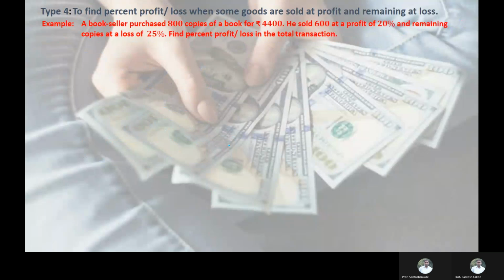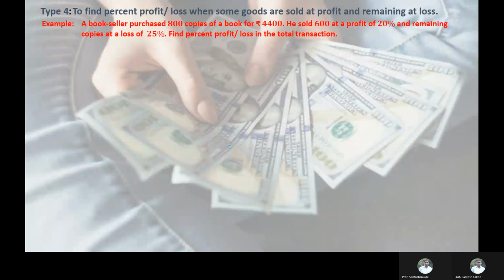So let us consider a bookseller purchased 800 copies of a book for rupees 4,400 and he sold 600 at a profit of 20% and the remaining copies at a loss of 25%. Find percent profit or loss in the total transaction.